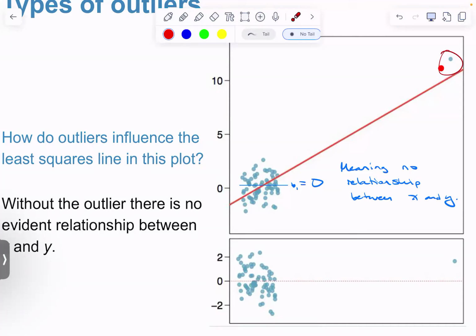If you have outliers, the first thing you would do is keep all your outliers in there and fit the model, so find your line of best fit. Then you would incrementally remove each outlier and see if there's a drastic change.